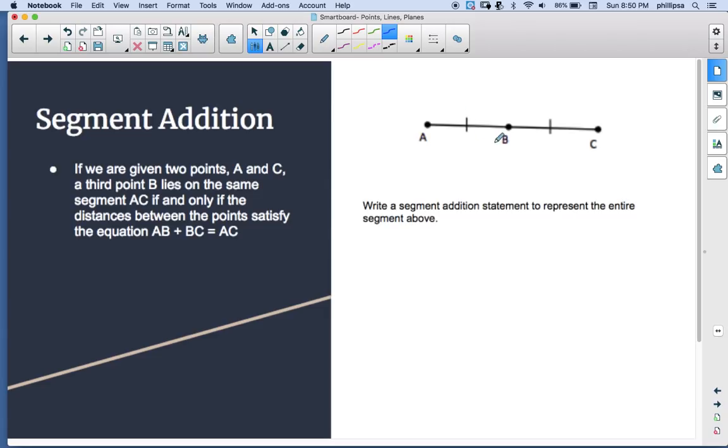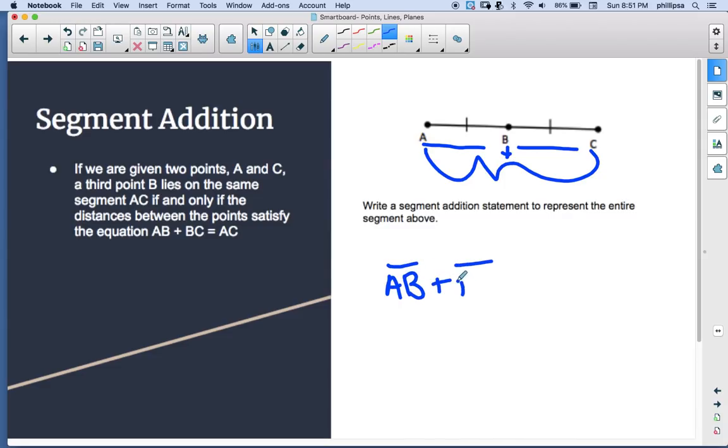So segment addition just says if there's a point that's in between 2 endpoints on a segment, that the one piece plus the other piece is equal to the entire piece. So in other words, the smaller piece AB plus the other smaller piece BC will equal the entire segment AC.